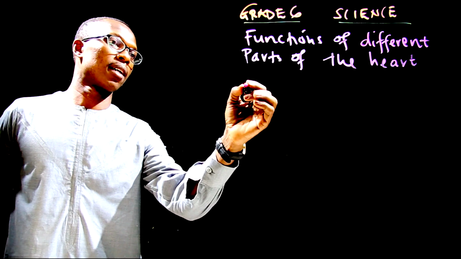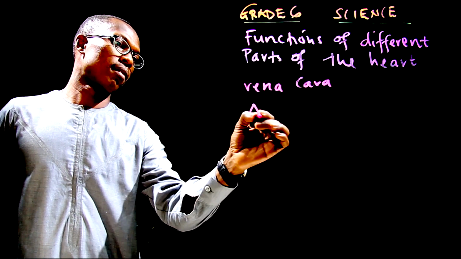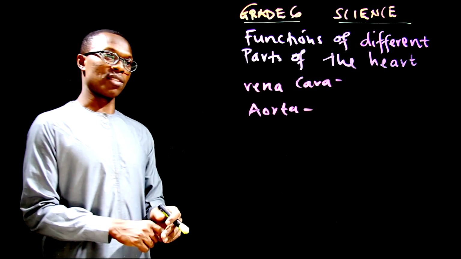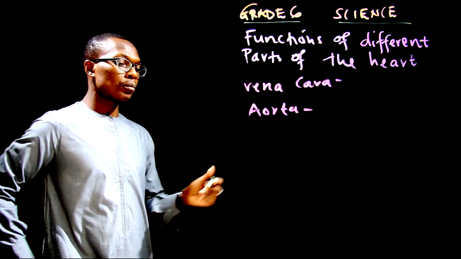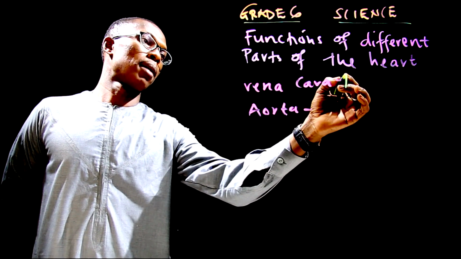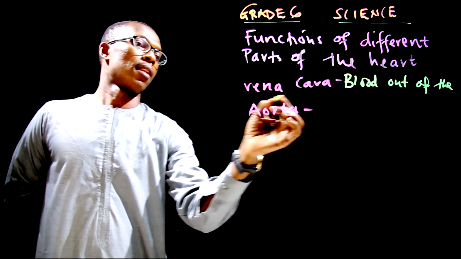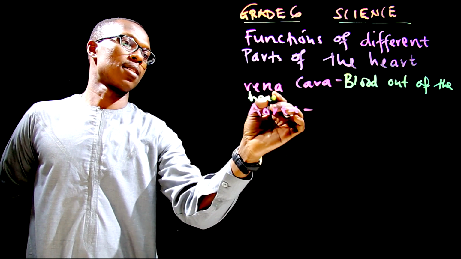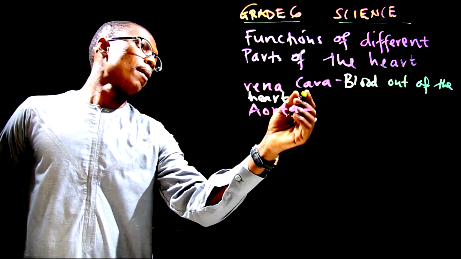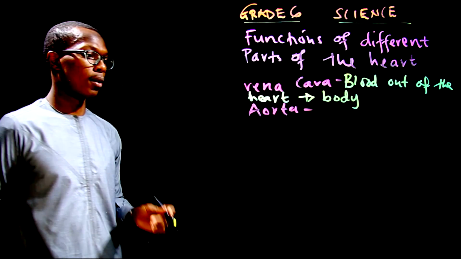We're going to start with the vena cava, and we have the aorta. Aorta or aorta, either way is fine. So the vena cava normally pumps blood out of the heart, to the body, okay?